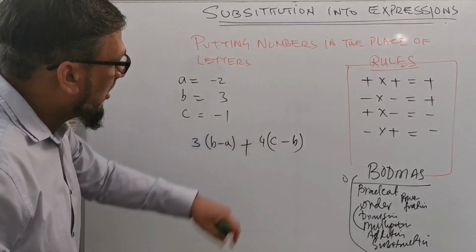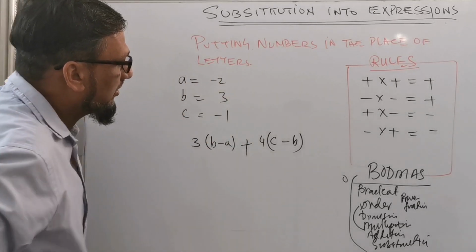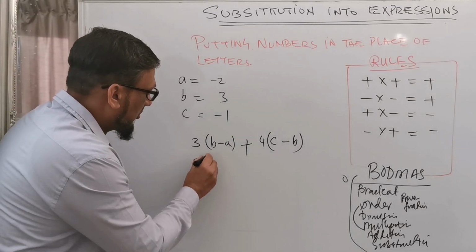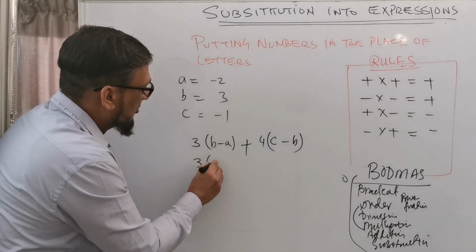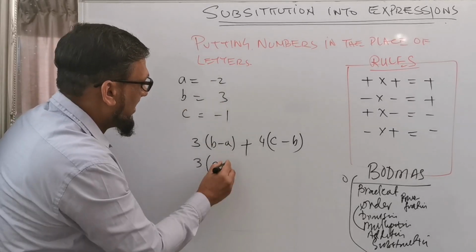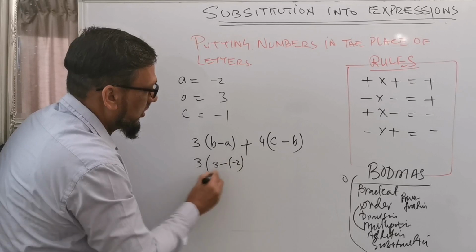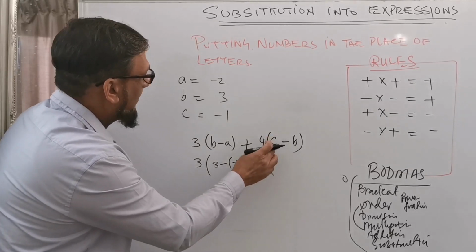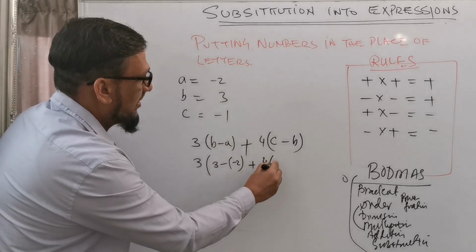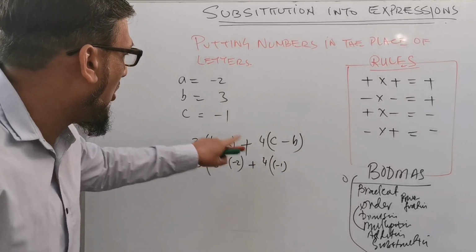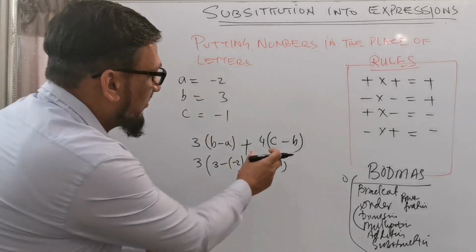So how can you solve this one if the values are given? We need to substitute: the value of B is 3, and the value of A is minus 2, and then plus 4, and the value of C is here minus 1. Why am I putting the negative value in a bracket?